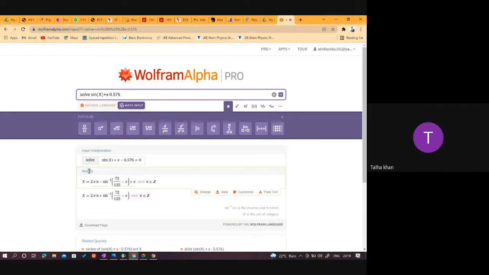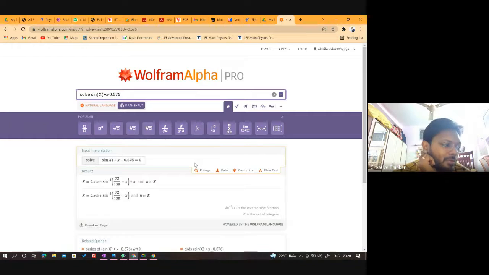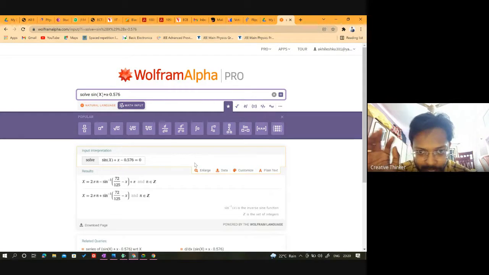In exams, if it is only a theory, paper and pencil exam where they allow only a non-programmable calculator, then they will set the numerical values in such a way that you can solve it easily.